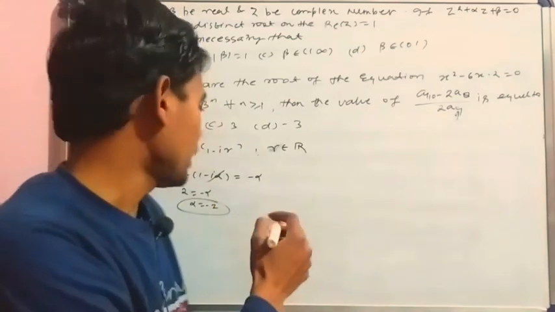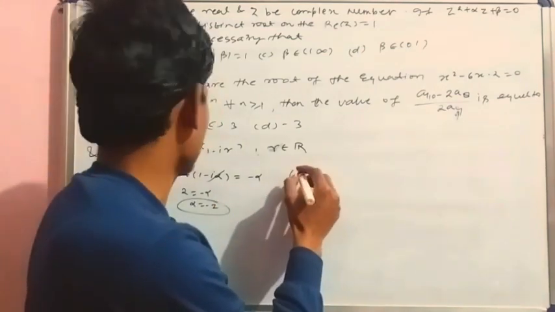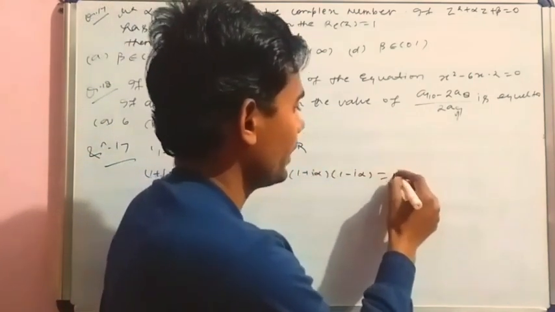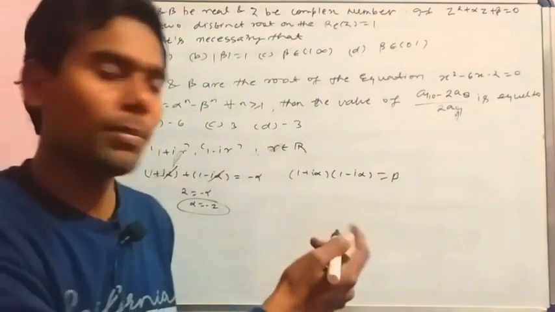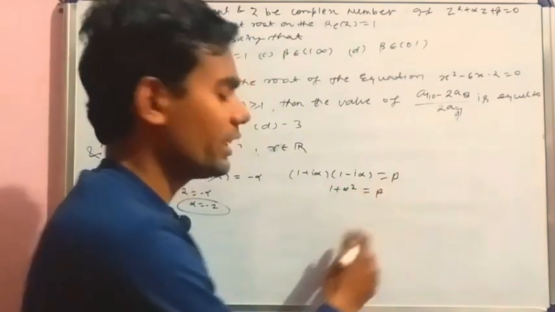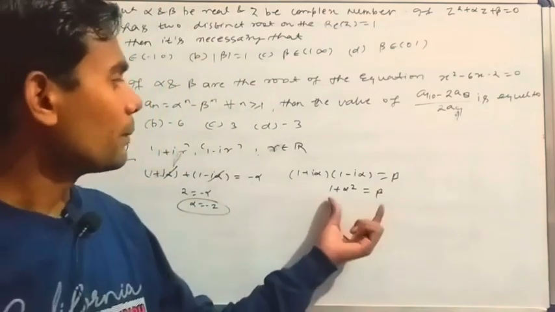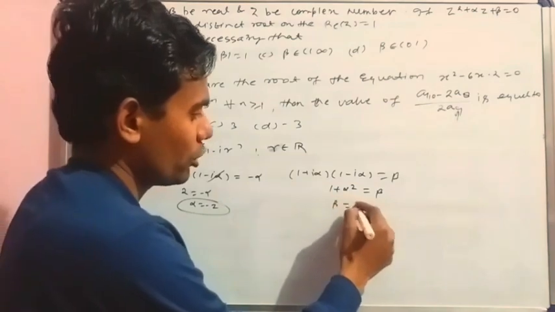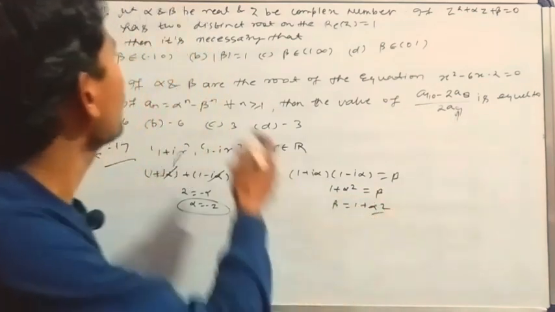And the product of the roots is (1 + iota r)(1 − iota r) is equal to beta, so 1 + r² is equal to beta. Then we find the interval of beta is equal to 1 + r², where r is any real number.